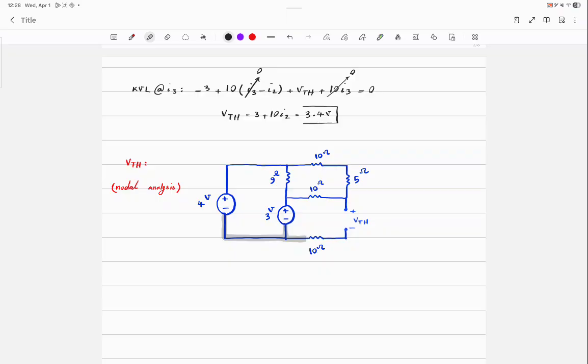Are you focusing on my pen? Did I just do something wrong or no? I just ran over the resistor. Am I allowed to do so? Usually no, but am I allowed to do it now? Why? There's no voltage drop, so it's like a piece of wire. Just ignore it.